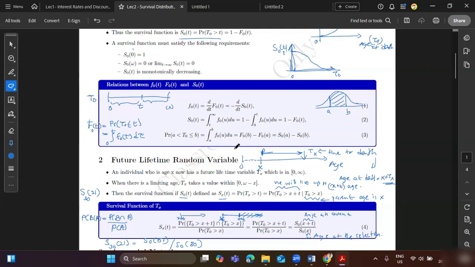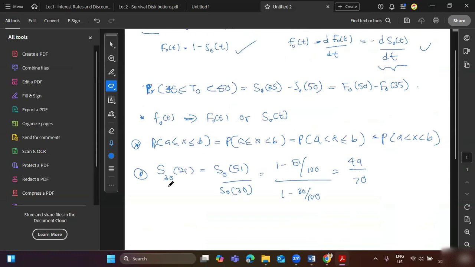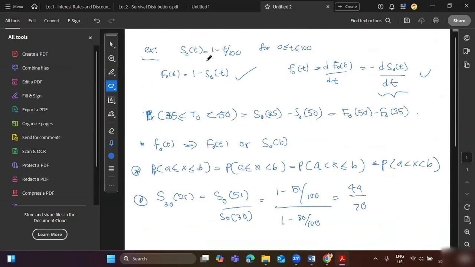So for this one, we are interested in surviving, which means that person is surviving in between 30 and 51. So if you take this f naught t first, and integrate it between 30 and 51, you will get this answer as the result. So you can try it by yourself.